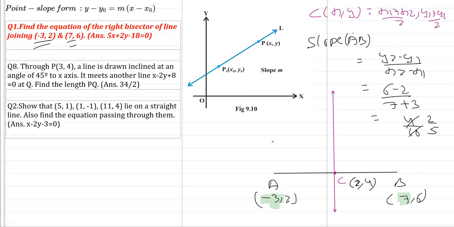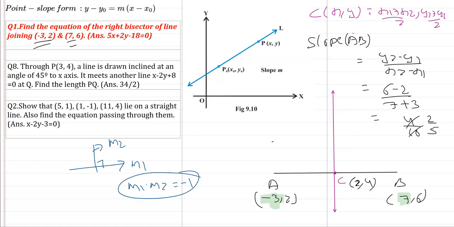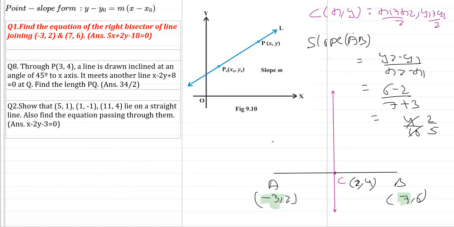Now, as you must be knowing, if you know the slope of one line, the slope of the other line, let's say the slope of this line is m1 and this be m2, and if they are perpendicular to each other, m1 into m2 is equal to -1. In short, if two lines are perpendicular, then the slope of one line is the negative reciprocal of the other. So here we got the slope of AB.